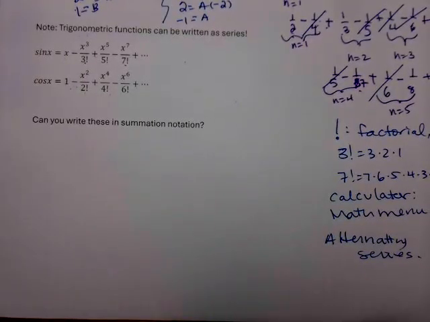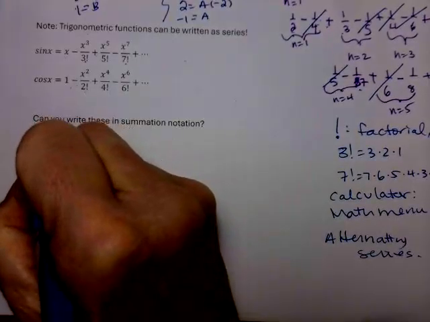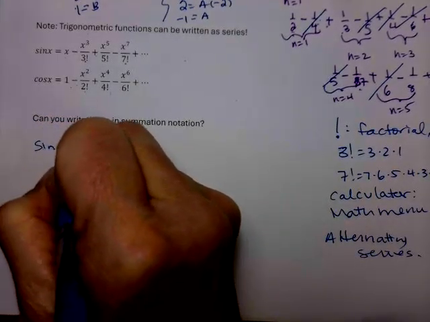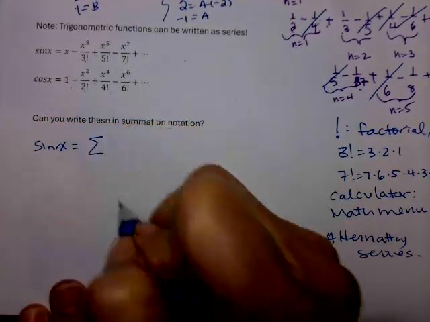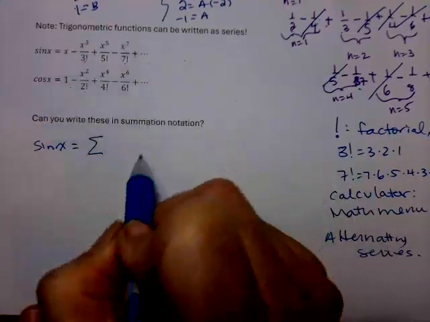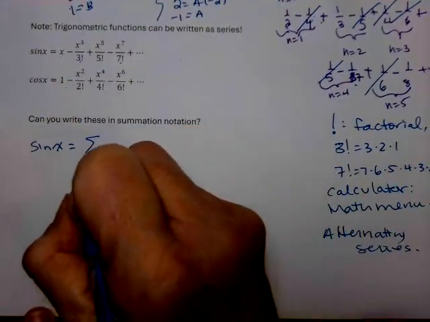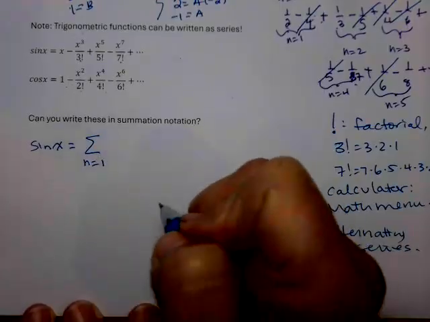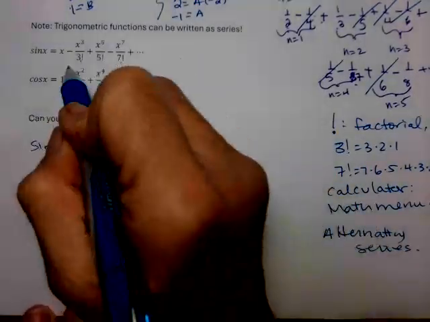Can we write these in summation notation? Do you want to give it a shot? Sure. Sine x equals, we're going to add them up. They have an x in them. We'll use n, 1 to infinity. We're just odd.